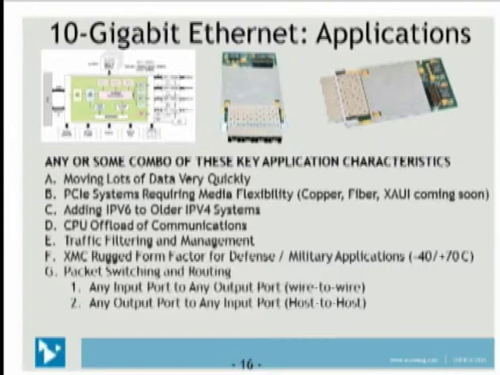We'll talk a little bit about traffic filtering and management. The rugged form factor for this card, we've got some extreme memory specs and shock and vibration and the like. Basically, we intend it to be used in deployed systems as well as other systems. And then there's some packet switching and routing, any input port to any output port, and any output port to any input port, wire-to-wire, host-to-host communications.